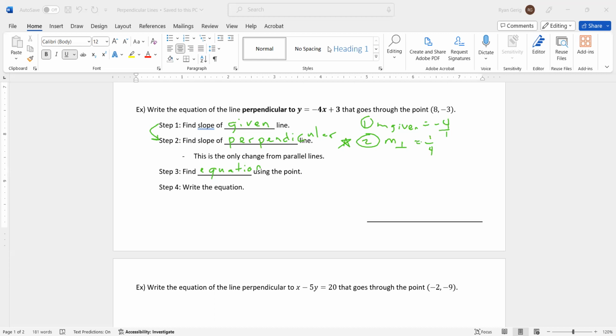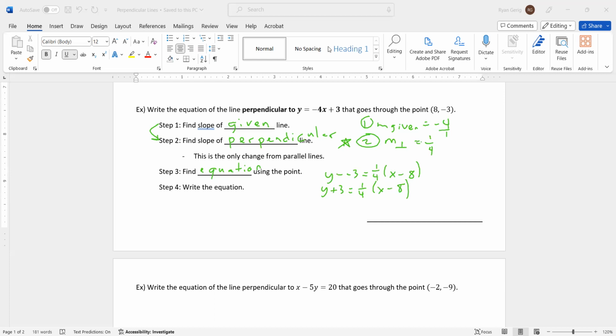Okay, now it's exactly what we did yesterday. y minus the y coordinate, 1/4 times x minus the x coordinate. So that's y plus 3 equals 1/4 x minus 8. And I know I'm saying this over and over again, but I want you to hear me say it again.